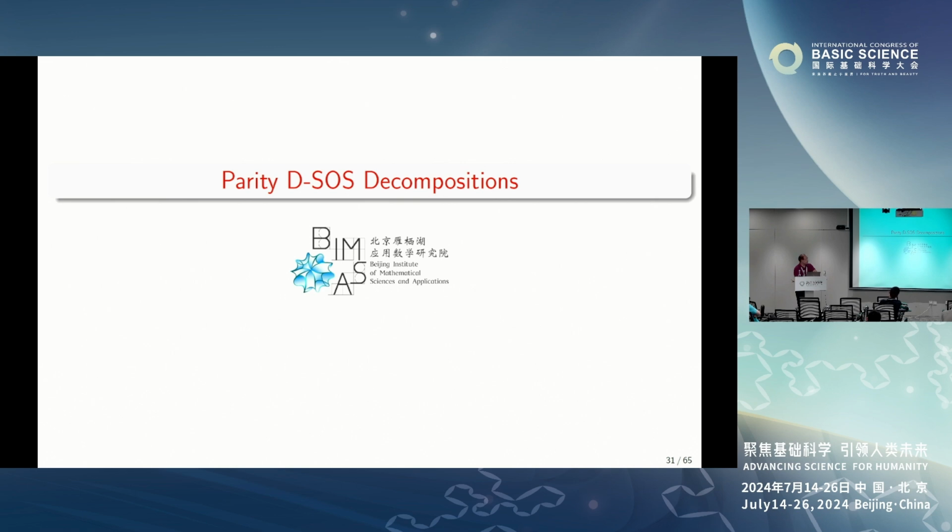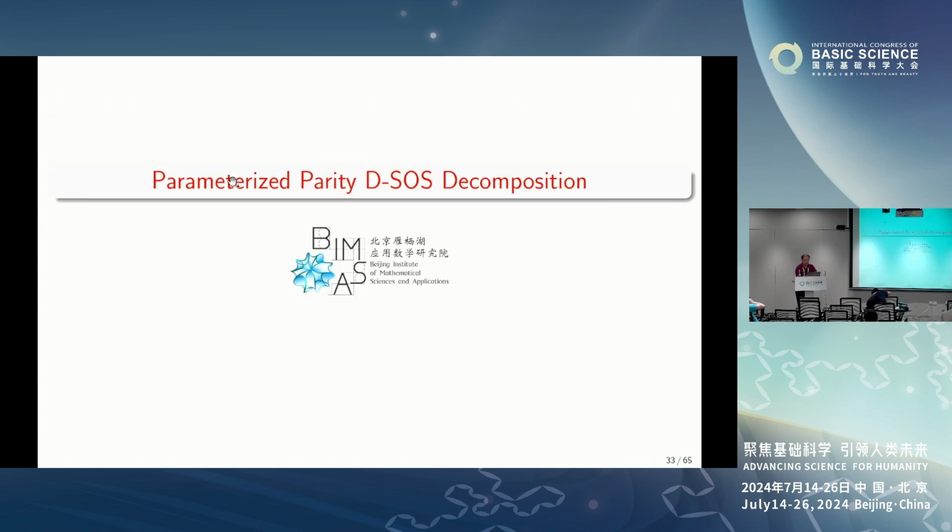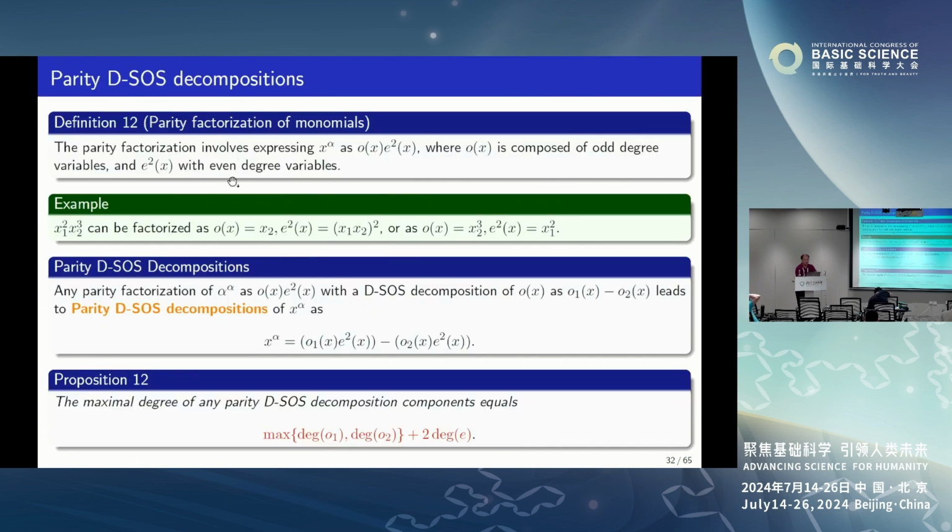That was the first decomposition. This is the second decomposition, the parity decomposition. It is some kind of decomposition that is easier to understand, without eigenvalues. The idea is that we can factorize any monomial x to the power alpha into 2 parts, O and E squared.